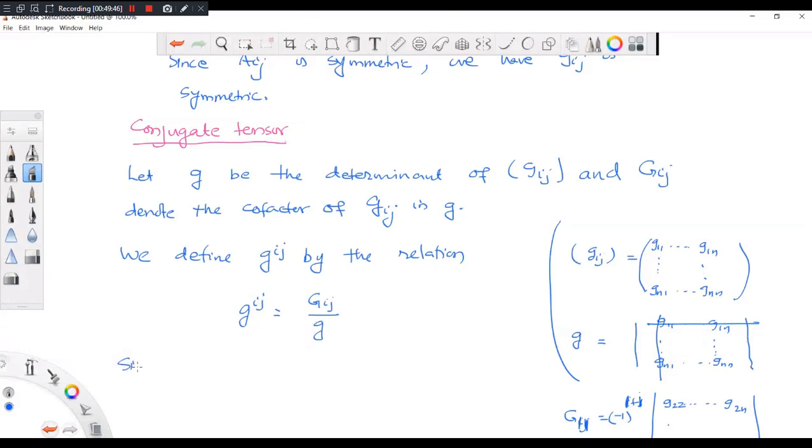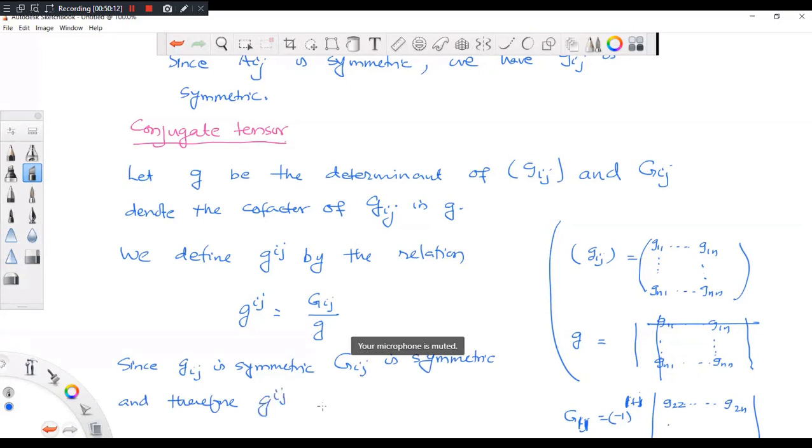Okay, since gij is symmetric, Gij is also symmetric, and therefore g upper ij is also symmetric.